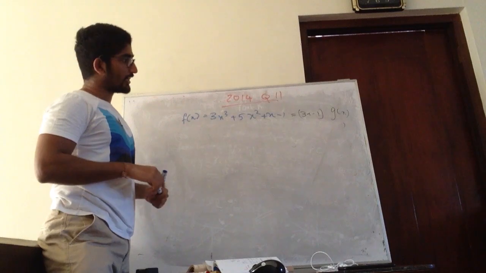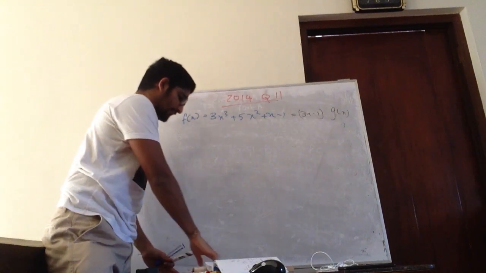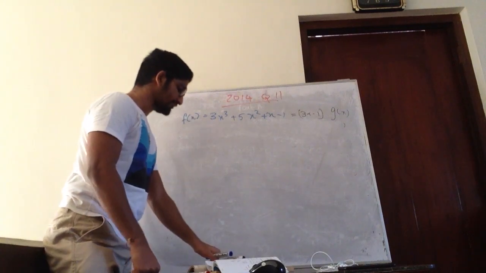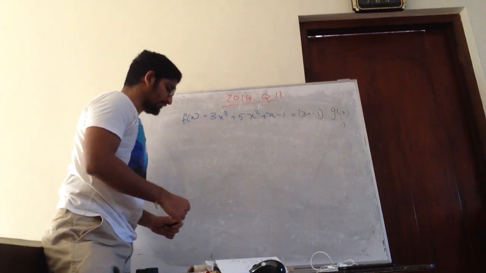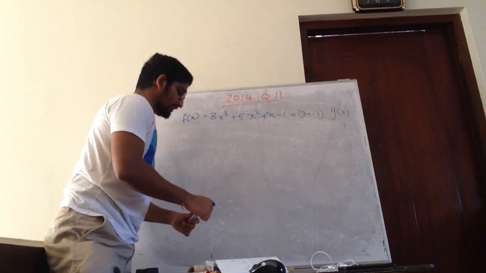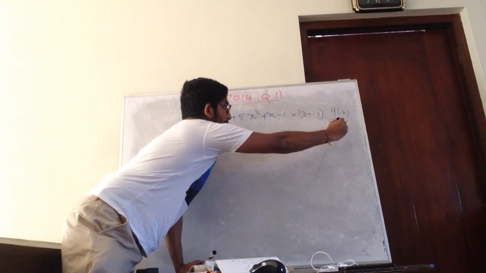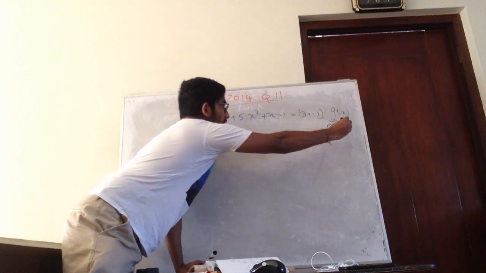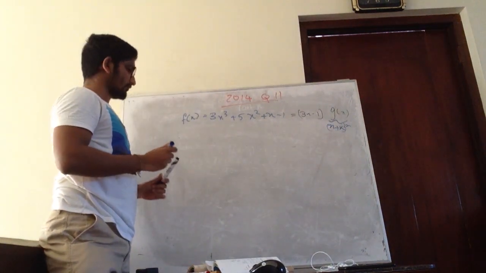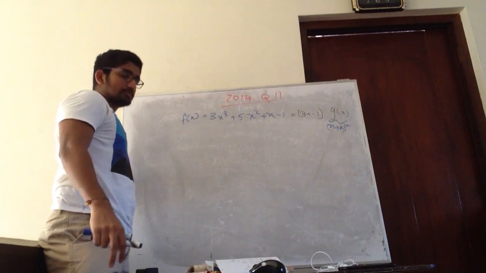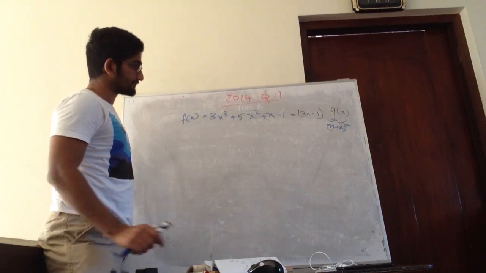So they are saying to express f(x) in the form of (3x minus 1)(x plus k) squared. That's what they are asking.